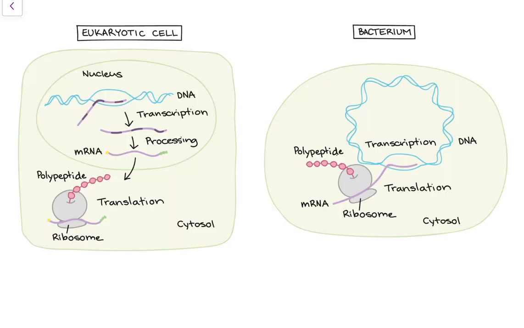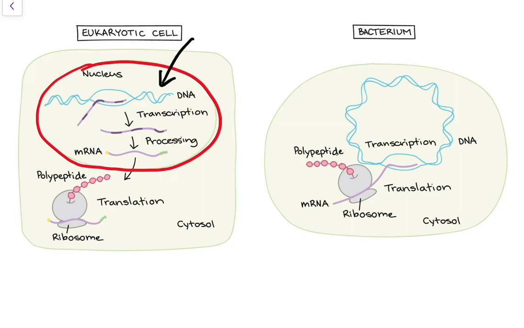We have eukaryotic cells, which are characterized by having membrane-bound organelles. So we've got the nucleus, which is bound in a membrane. We've got other things as well which are bound in membranes, other structures like mitochondria. But eukaryotic cells contain their genetic information inside.